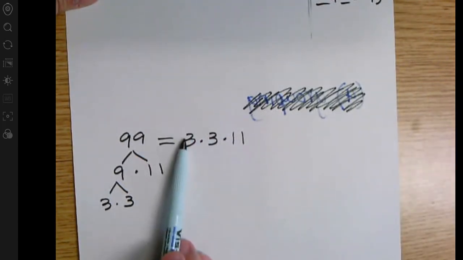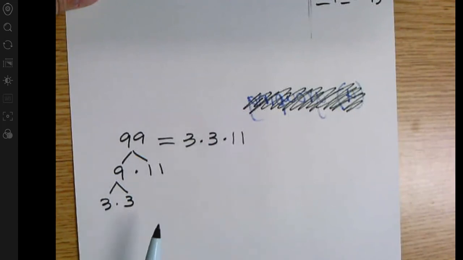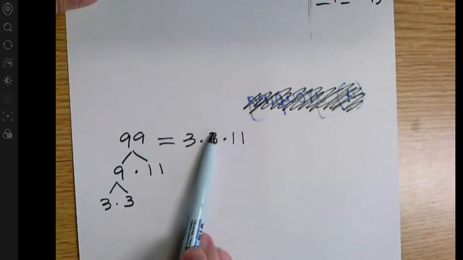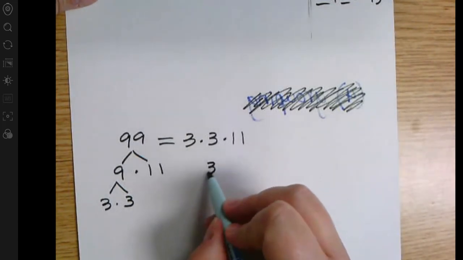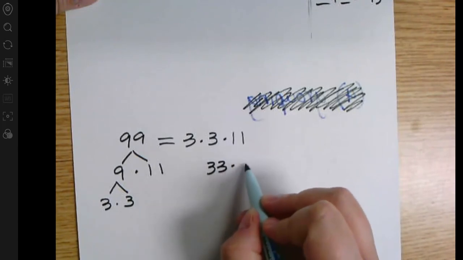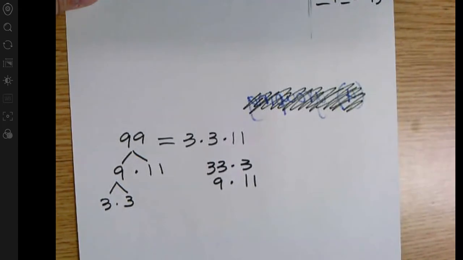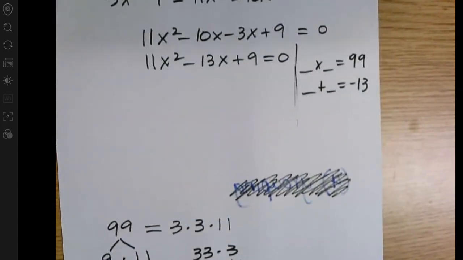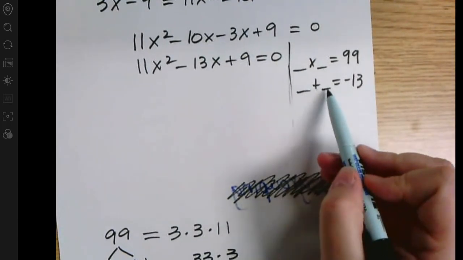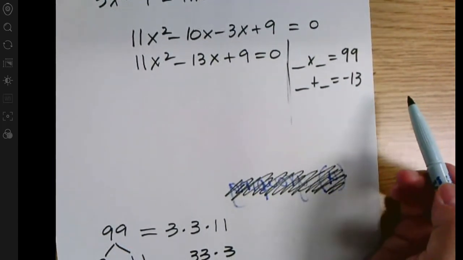In other words, these two together times 11 is 9 times 11. Or I could do 3 times these two together, 3 times 11 is 33. So basically 33 times 3 or 9 times 11 are my only pairs of factors that are going to make 99, and none of those are going to add up to 13.